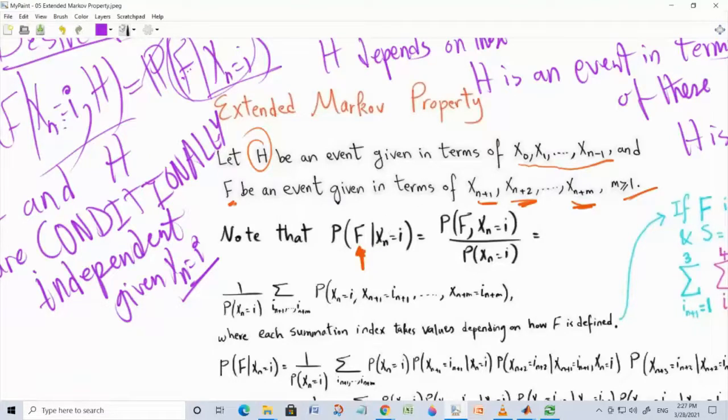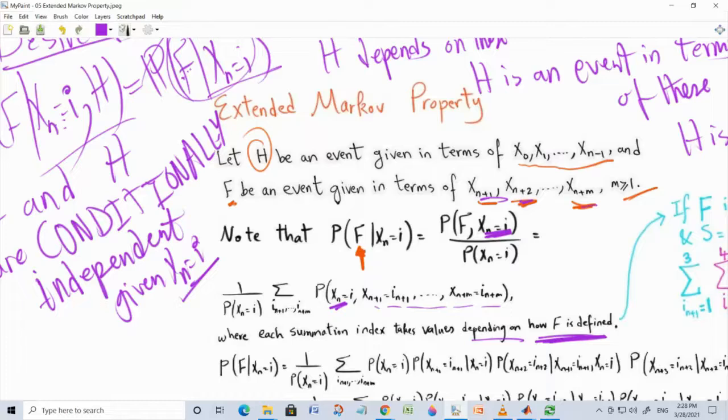In the numerator, F is an event in terms of those random variables, so you will have the joint distribution: x of n equals i, and then the future, x of n plus 1, x of n plus 2, up to x of n plus m, and summations that depend on how F is defined.